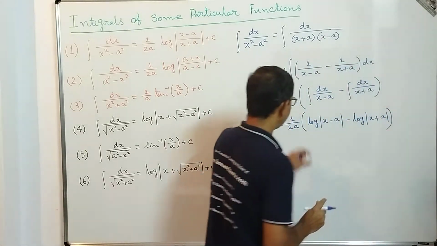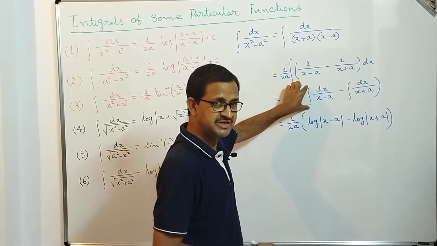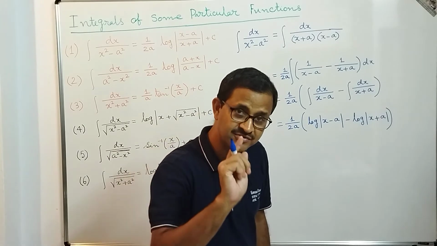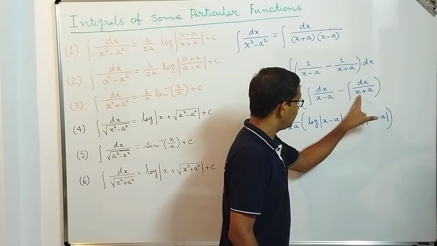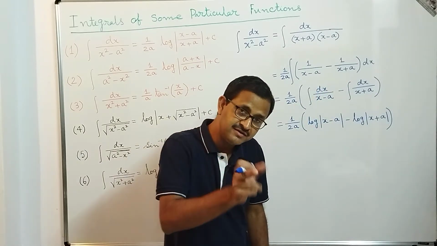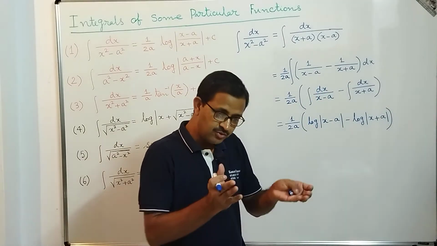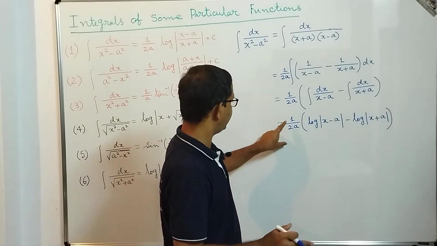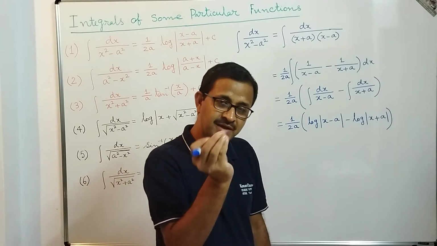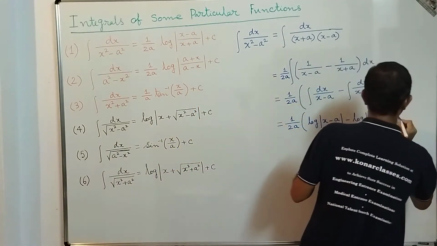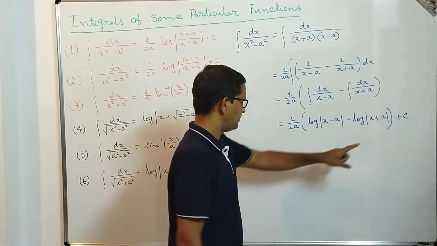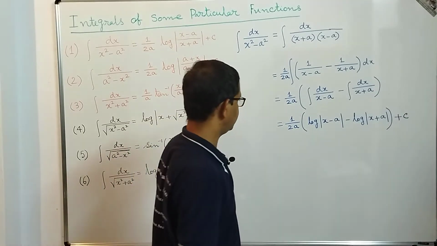Once we complete the integration of dx by x minus a, we get one integrating constant, let's assume c1, and when we complete the integration of dx by x plus a, suppose we get another integrating constant c2. If we mix c1 and c2 and multiply by 1 by 2a, we finally get a single integrating constant, and we can write this as plus c, where c is a constant of integration.